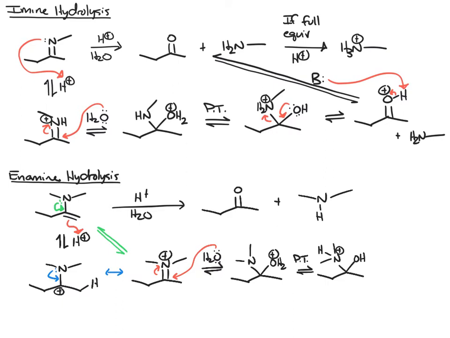Okay, so you get the positively charged nitrogen that's a leaving group. Then use the lone pair on the oxygen, push that down to assist you in kicking out the amine leaving group.